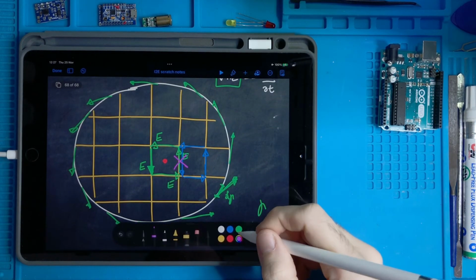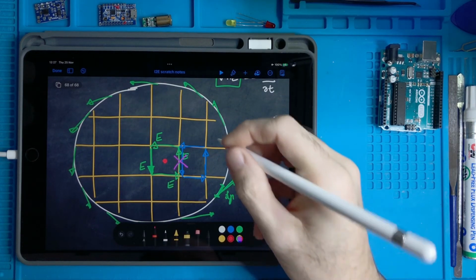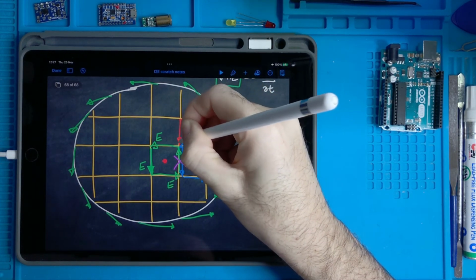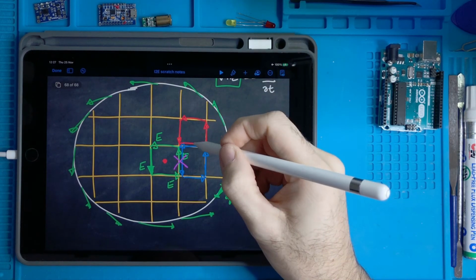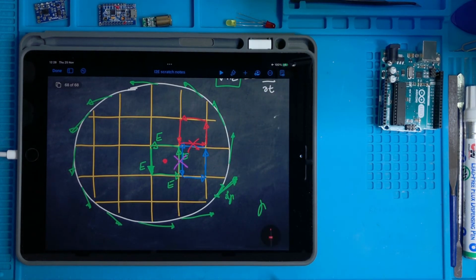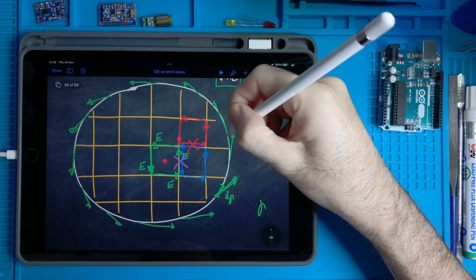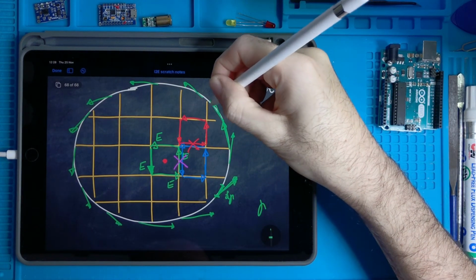So if I do another patch here, it will be like this, and those will have opposite direction. The only sides that will remain that don't cancel each other are the ones on the border.